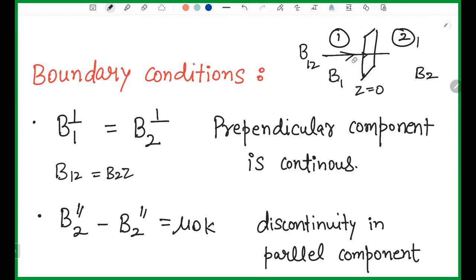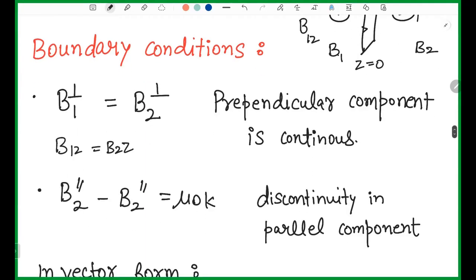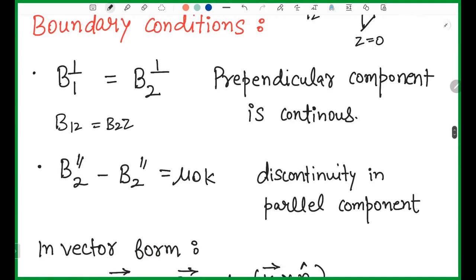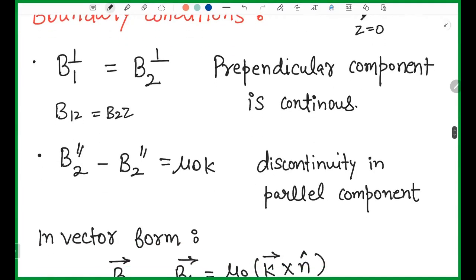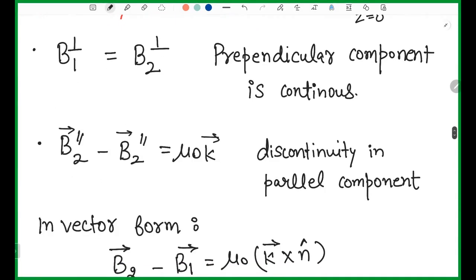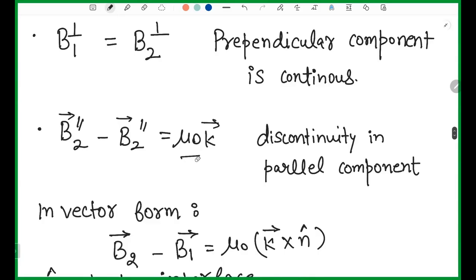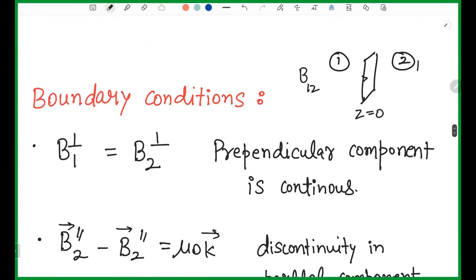But however, the parallel components, meaning the X and Y components, will be discontinuous. So B2 parallel minus B1 parallel have some discontinuity, and how much discontinuous are they? Mu naught times K, where K vector is the surface current density in this interface.